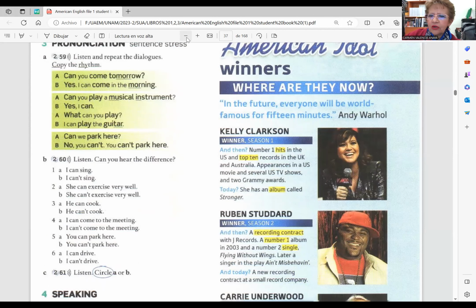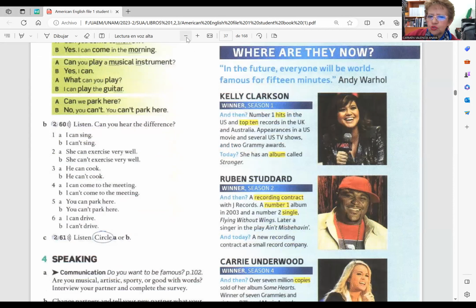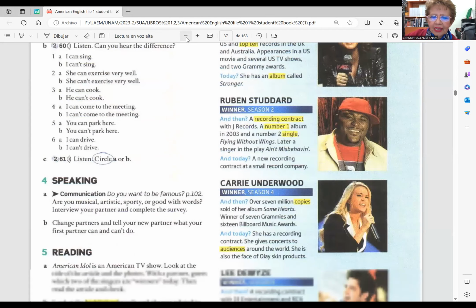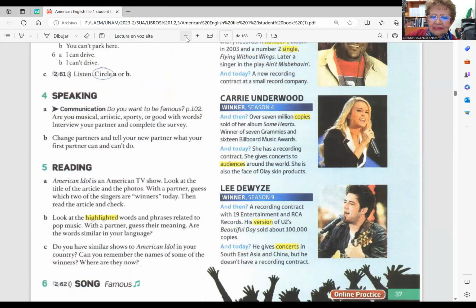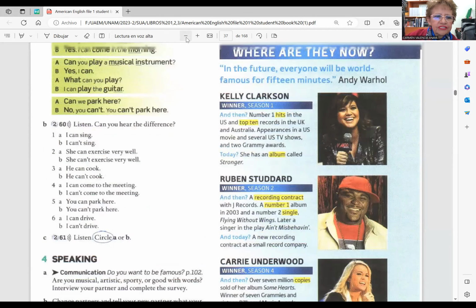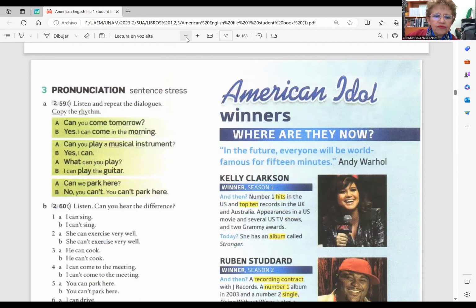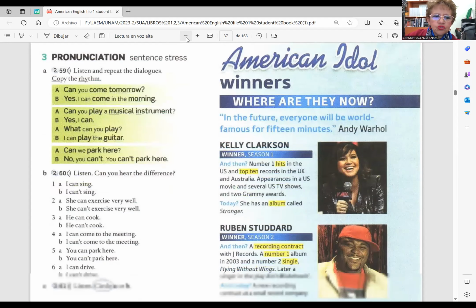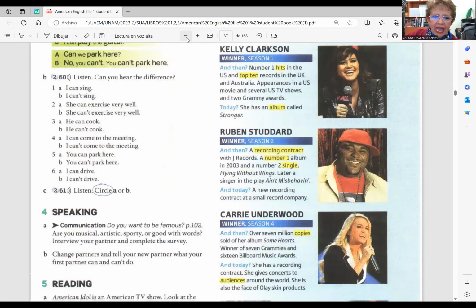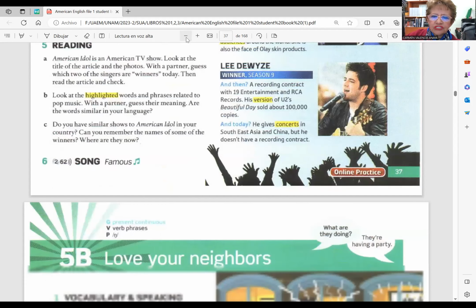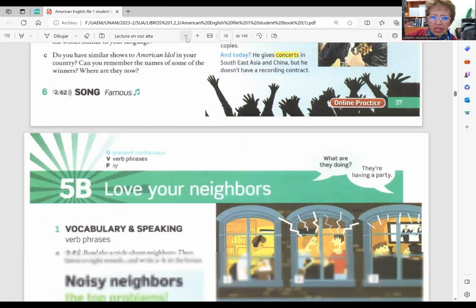And then it's very important that you try to read about Kelly Clarkson, Ruben Studdard, Carrie Underwood, and at the same time, Lee DeWyze. Okay, and then I'm going to share the audio 2.59 and 2.60, and according to this one, you are going to decide the best option.